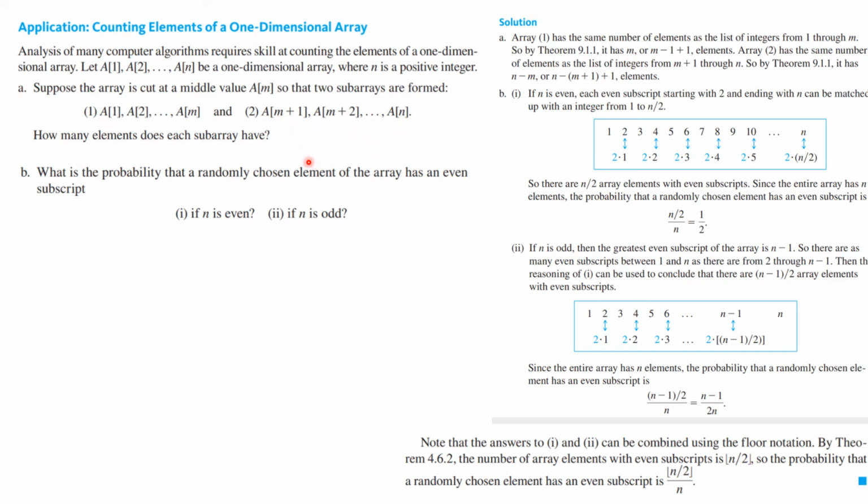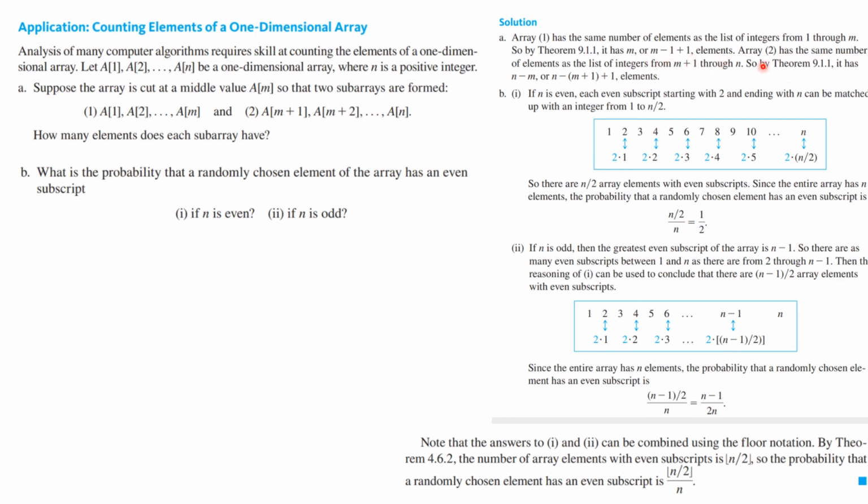How many elements does each subarray have? So let's talk about that. Since we said we cut it in the middle, array 1 has the same number of elements as the list of integers 1 through m, because we've talked about that. So by the theorem we just talked about, it has m minus 1 plus 1, or m, elements.